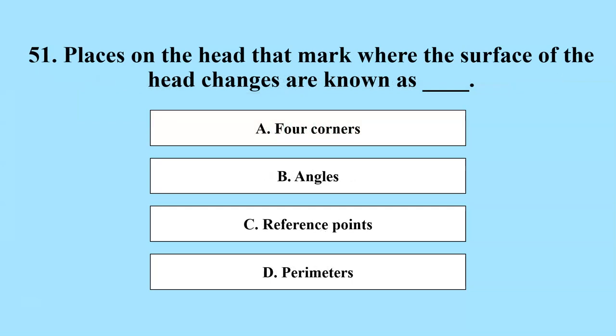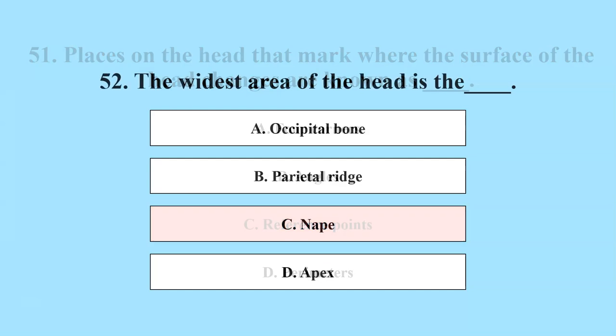Places on the head that mark where the surface of the head changes are known as four corners, angles, reference points, perimeters. If you chose C, reference points, you are correct.